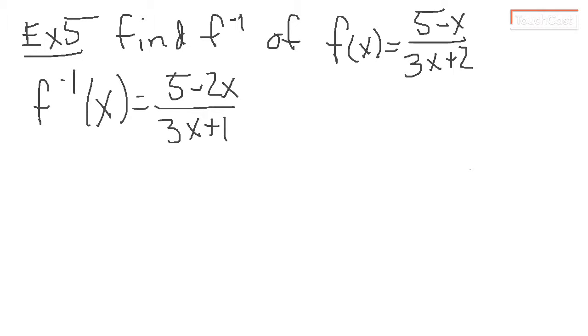And I know I said step 5 we're going to verify the composite of f inverse and f, and f and f inverse, that they both equal x. We're not going to do that. We're going to move straight on to our last example, example 6.